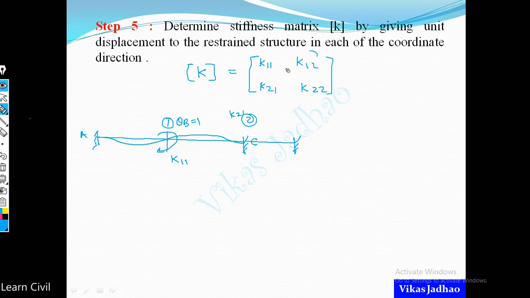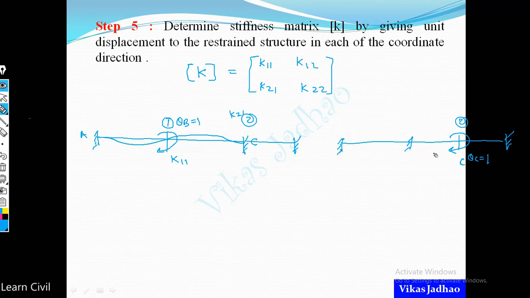Similarly, for calculating K12 and K22, we will consider our structure and then apply a unit rotation at coordinate number 2 or at joint C. So we will apply theta C equal to 1, assuming all other supports or ends as fixed.